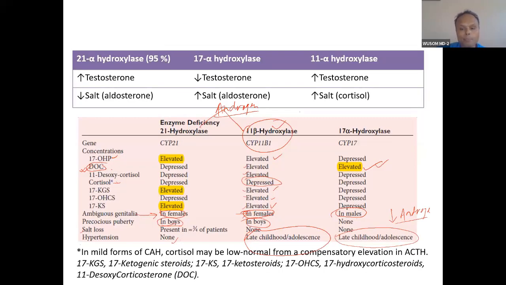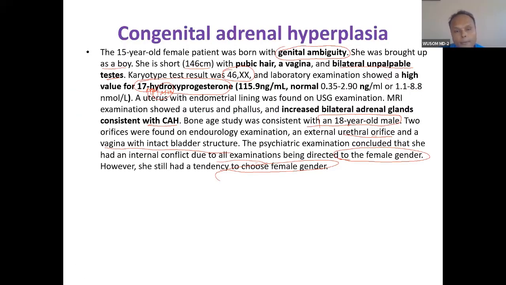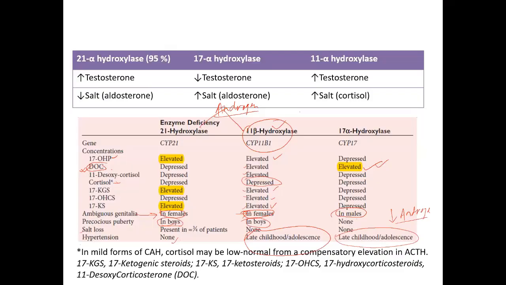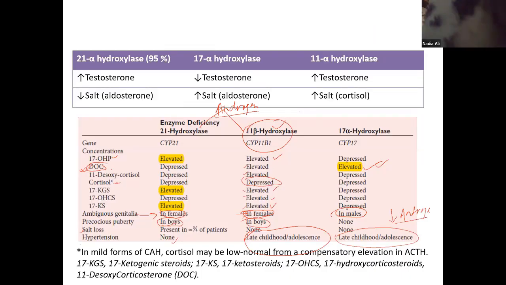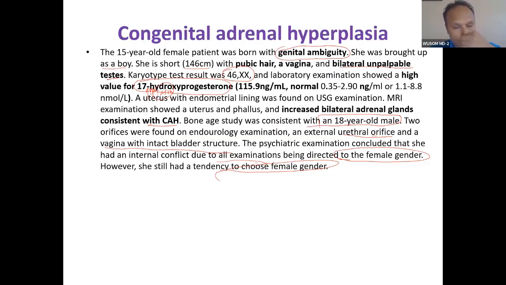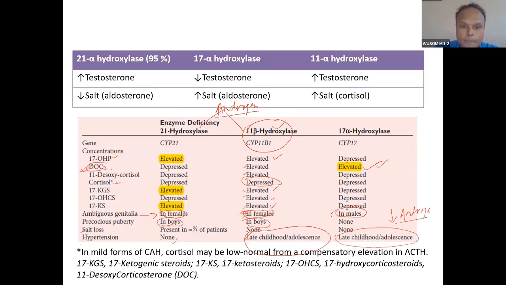Among these 3, correlate with this. Could she have 21 alpha? 21. Yes, big. Yes, good. Everybody is trying to answer. So yes, what might be the deficiency?